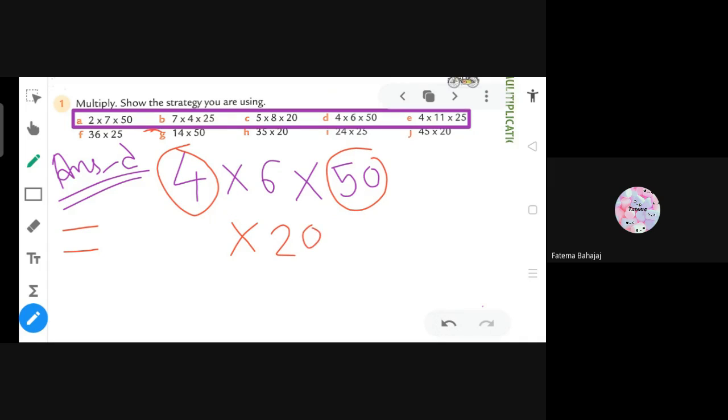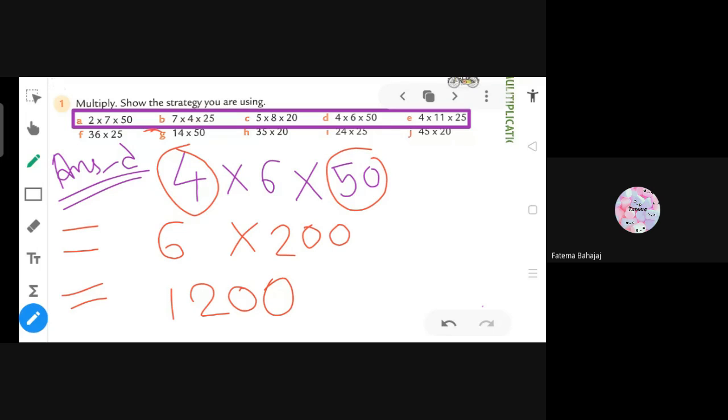Yes. And then which number is left? 6. So we will write that and then multiply that too. 200. Yes.